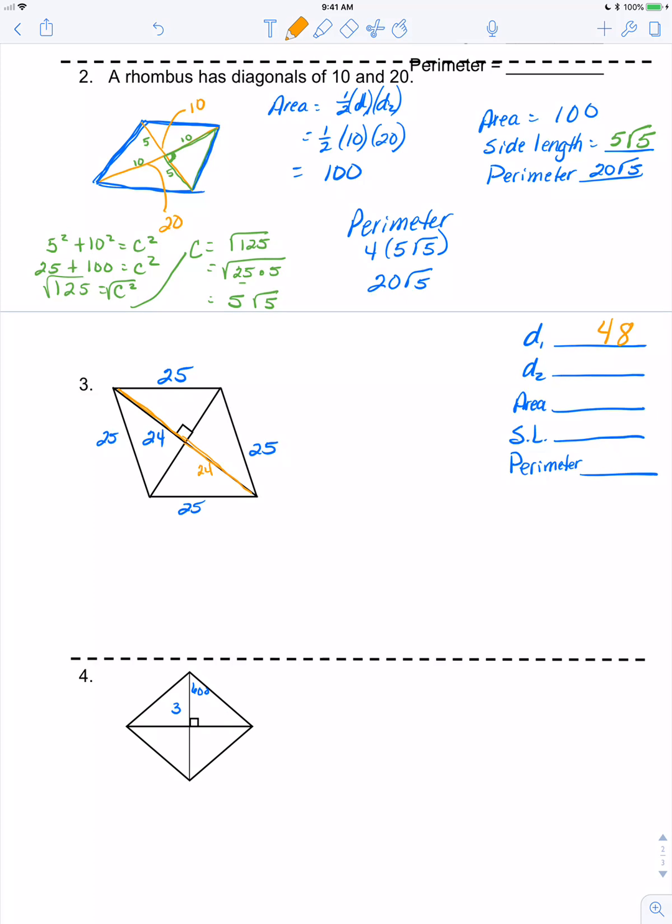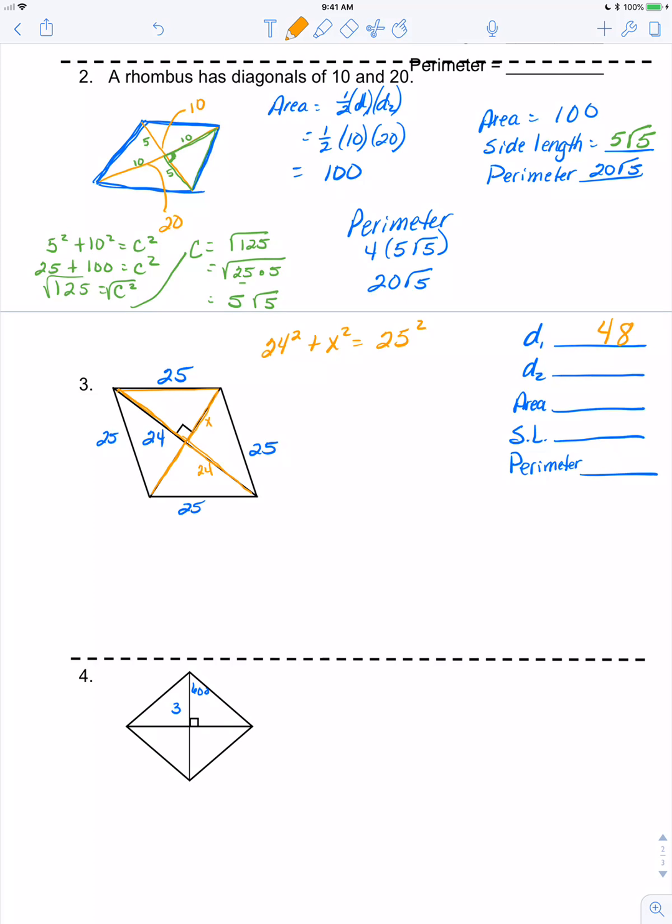All right, our diagonal 2, we don't know what that is. So that's one we're going to have to use the Pythagorean theorem. But notice we're given our hypotenuse, which is the 25. So we're looking for one of those side lengths. So that is going to be 24 squared plus that x squared is equal to 25 squared.